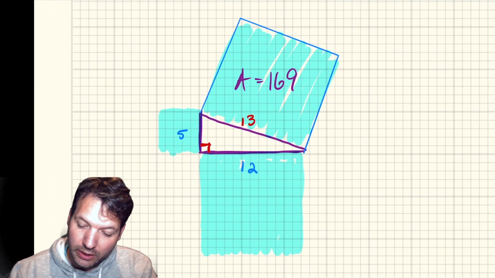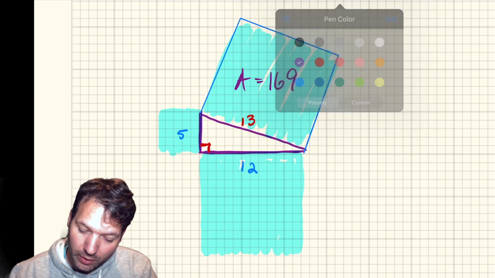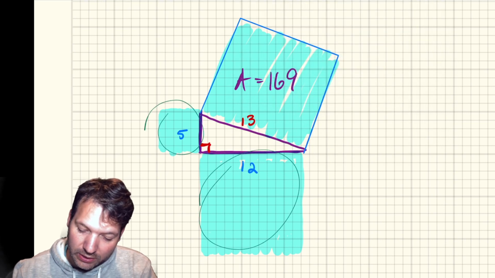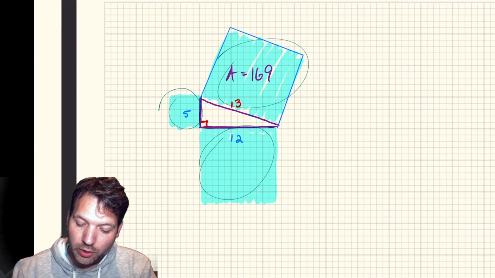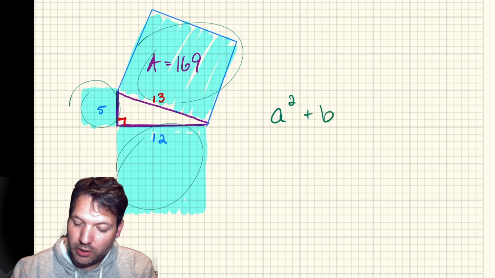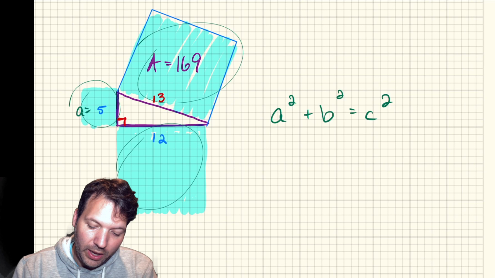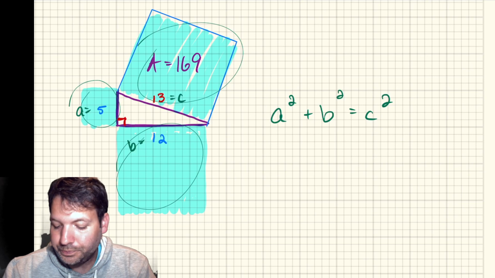And so literally, this first square plus this second square always equals this third square. Of course, we don't normally say it this way. We usually just say a squared plus b squared equals c squared, where a is the first leg, b is the second leg, and c is always the hypotenuse of the right triangle.